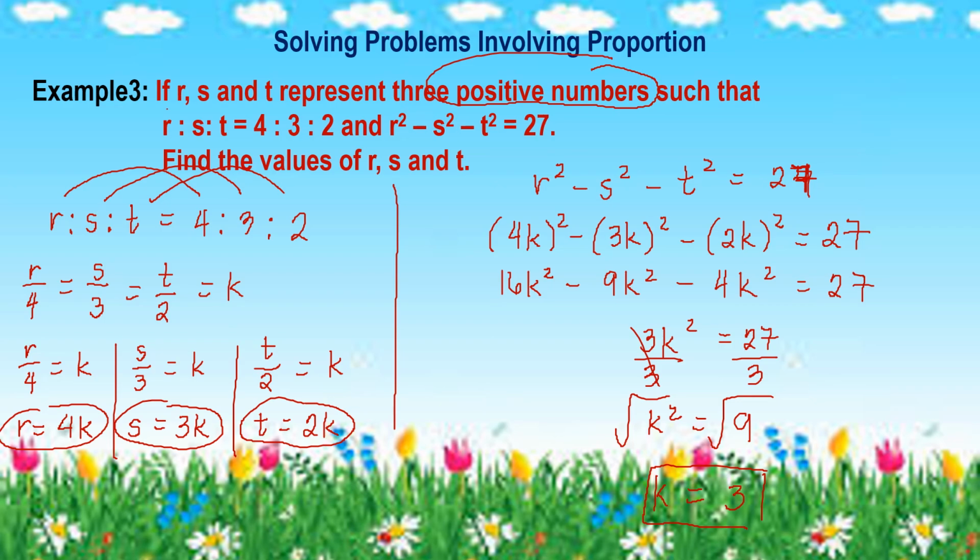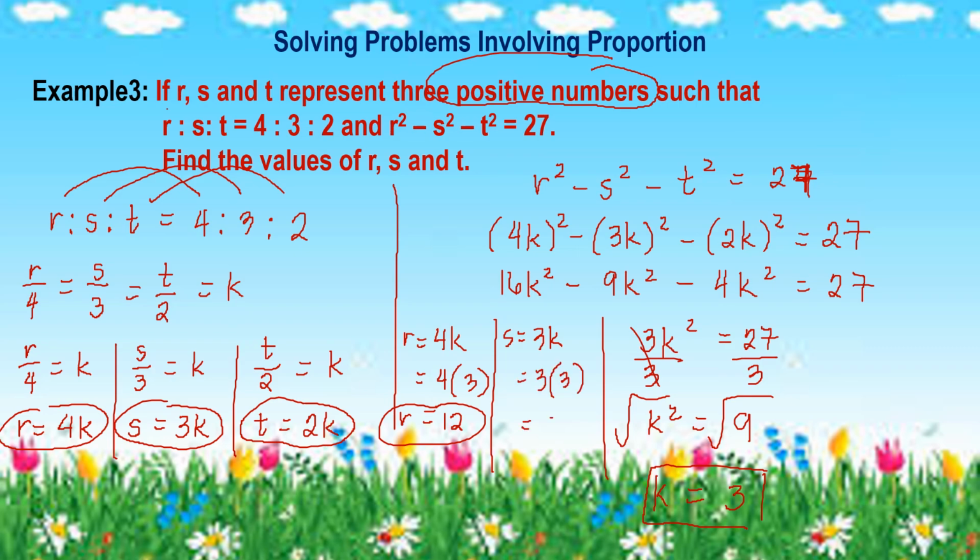Now that we have the value of K, which is 3, we will substitute this. Since R is equal to 4K, we have 4 times 3. Therefore, R is equal to 12. Next, we have S. S is equal to 3K. 3 times 3 is equal to 9.